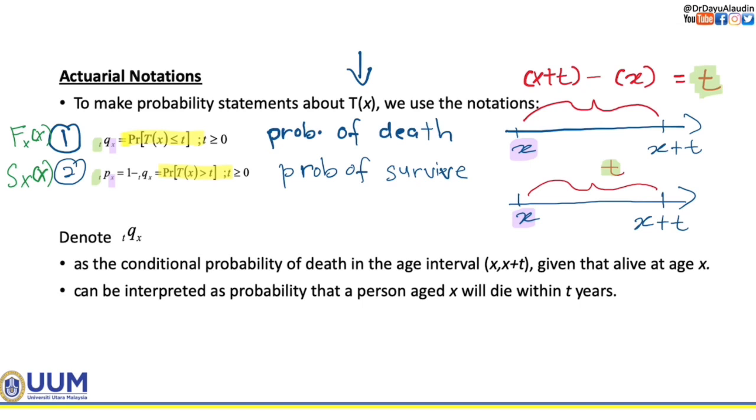So tqx is the conditional probability of death in the age interval X to X plus T, given that alive at age X. Why do we call it conditional probability? Because we have to assume that from 0 to X, the newborn must survive.